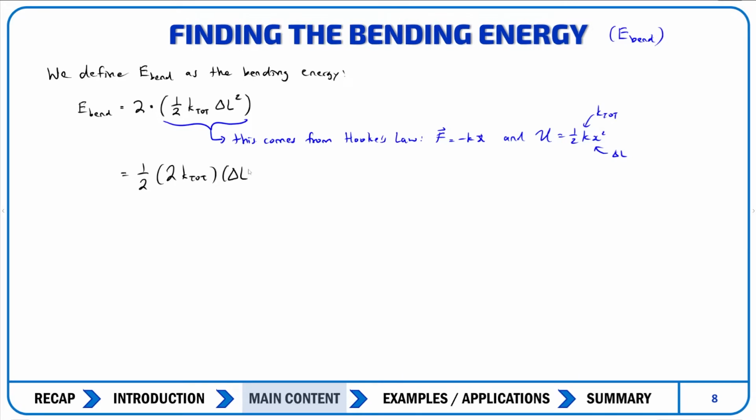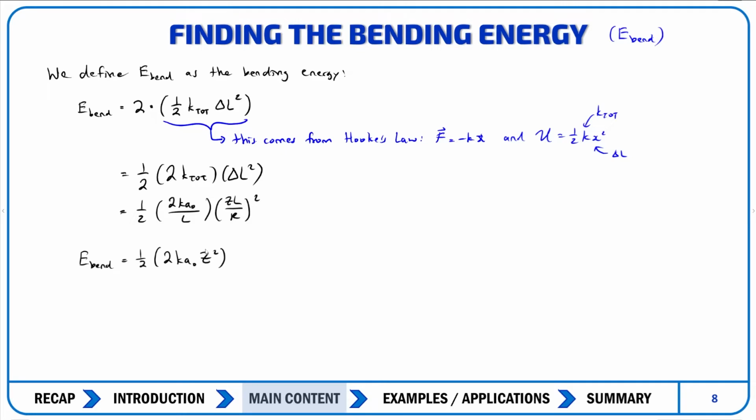We're going to put delta L squared separately. From the previous slides, we can redefine K total as K a naught over L. And we can redefine delta L as ZL over R squared. Now, if we rearrange some terms, then we're going to end up with E bend being equal to 1/2 times 2 K a naught Z squared.